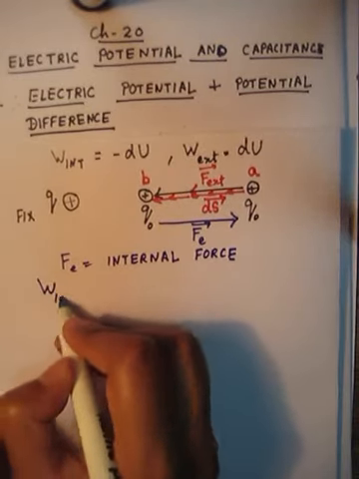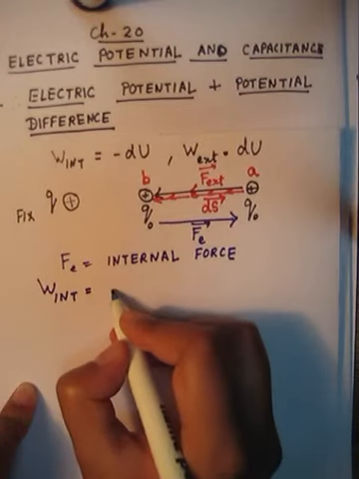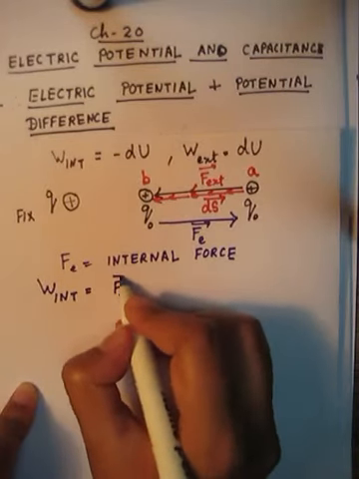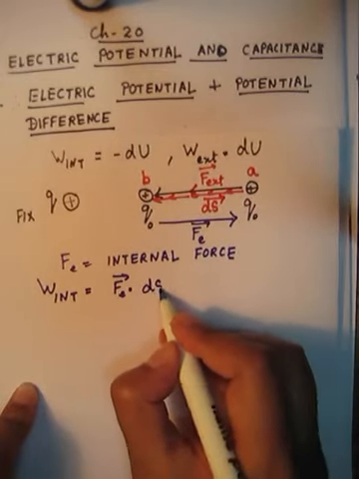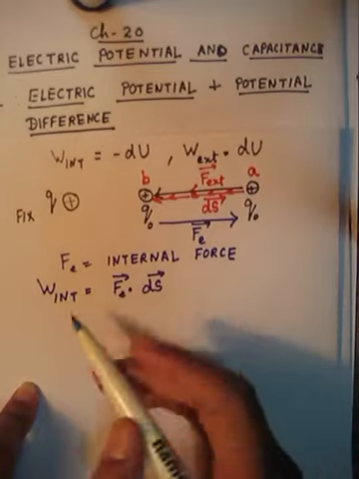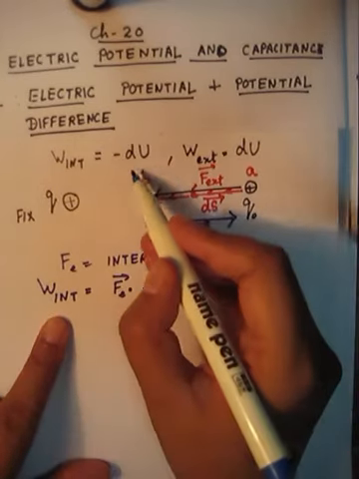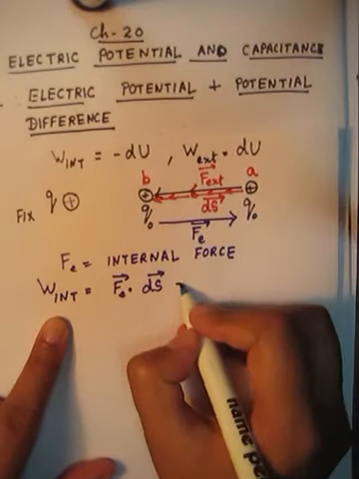So the work done by the internal force will be Fe vector dot displacement, which is in this direction, so it will be ds vector. And you know that the work done by internal force is minus dU.